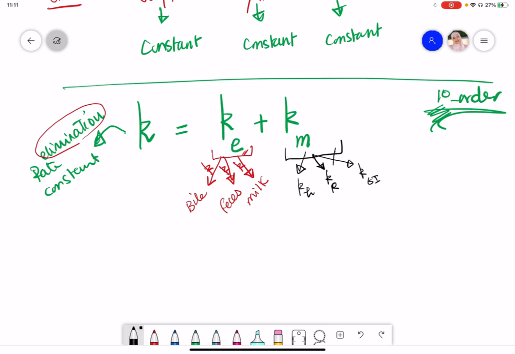All the constants related to those processes would be involved. So K, the total elimination rate constant, is the sum of the constants of all the kinetic processes involved, again under first order kinetics.